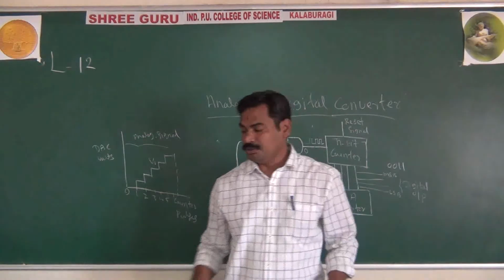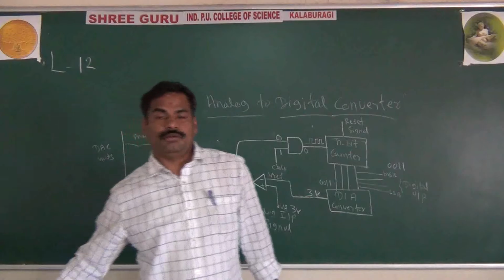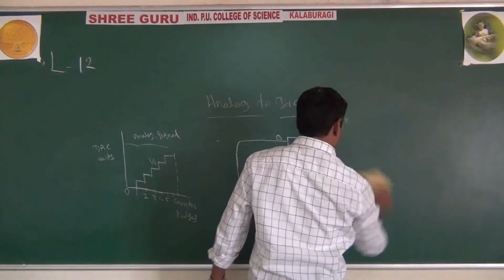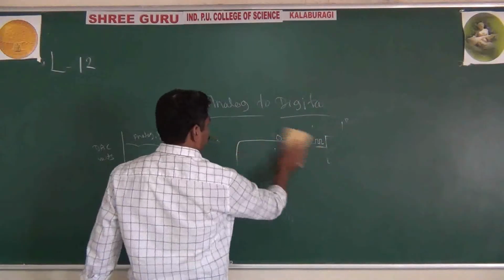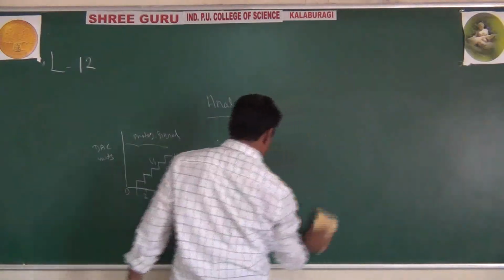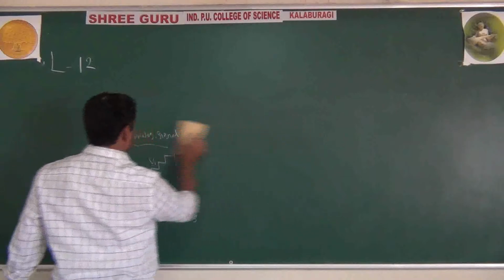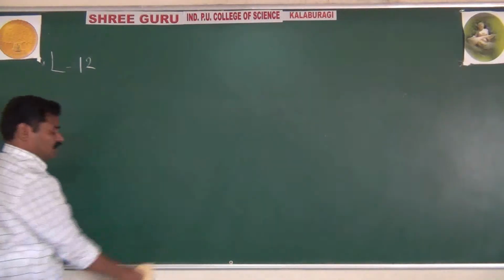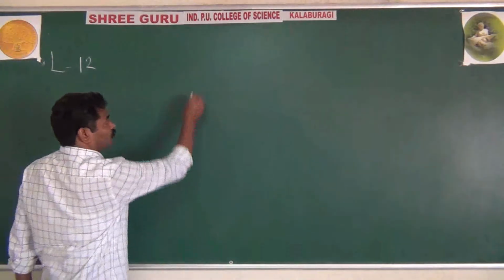Now, the important thing is that we will solve some problems on operational amplifier, because in the exam one problem is fixed, that is 5 marks. You have already studied the theory in detail.